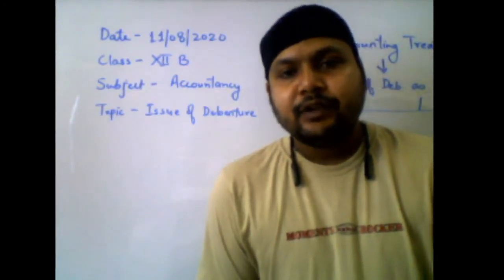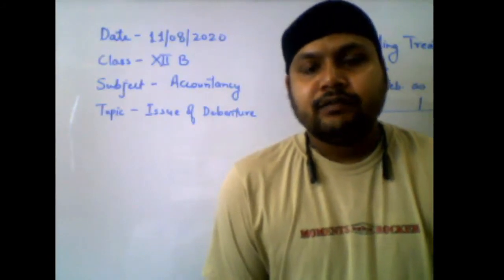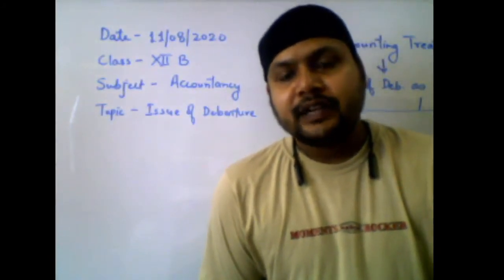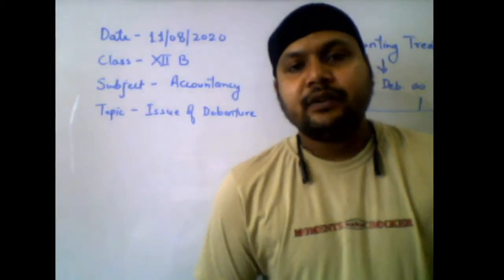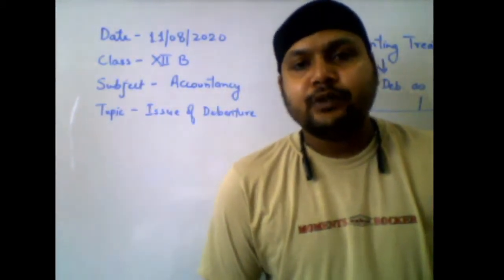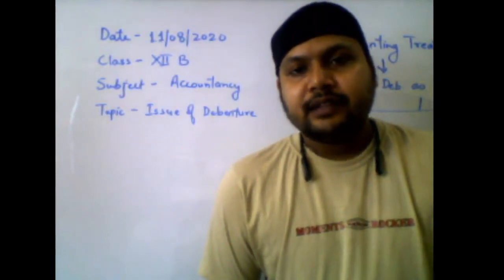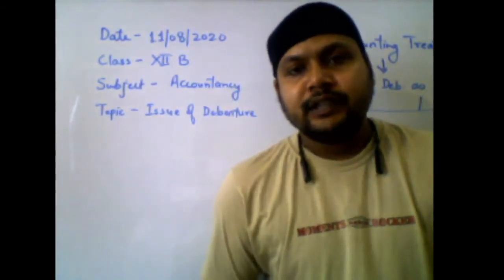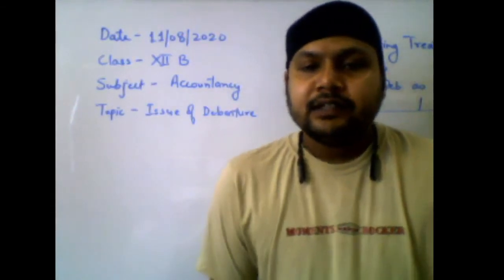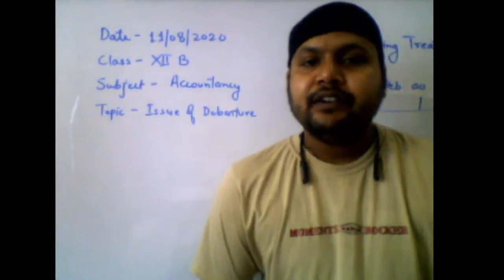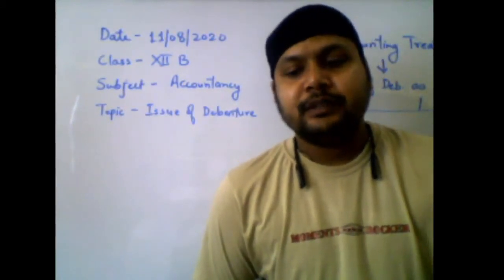In the last video we also discussed the accounting treatment, the methods of issue of debenture as collateral security, and we found that there are basically two methods. In the first method, we do not pass any entry related to the issue of debenture as collateral security, whereas in the second method we pass one entry, debentures suspense account debit to debenture.